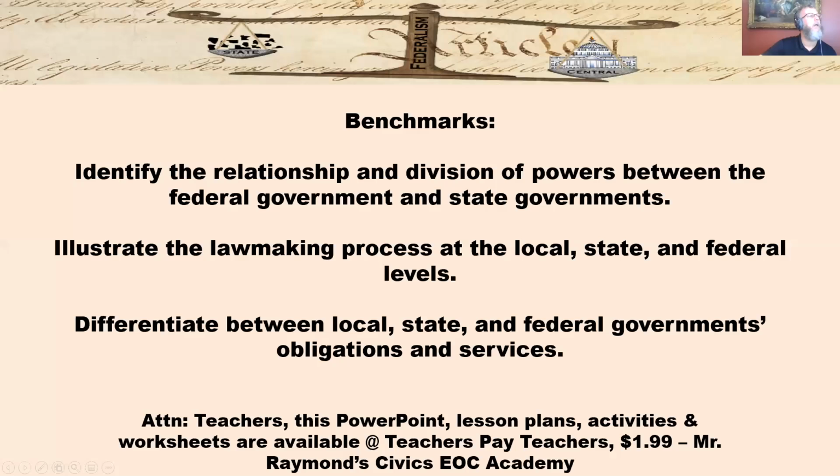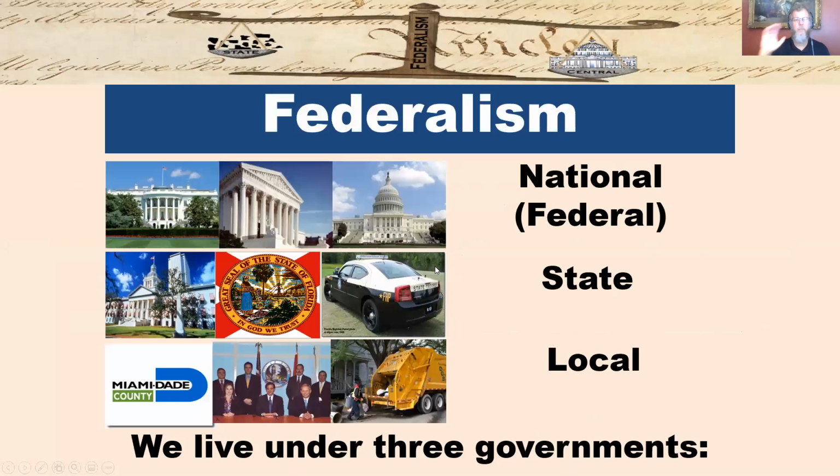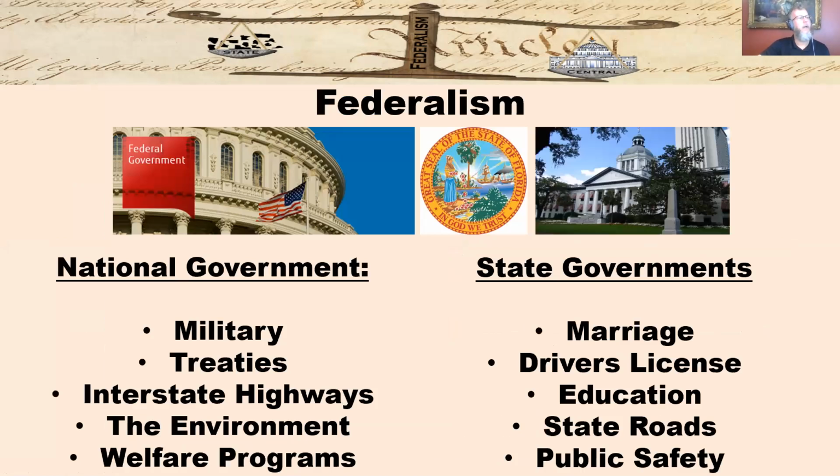All right, so again, Federalism mainly, we have three levels: federal or your national, state is in the middle, and local is where we live within our towns. On the left side of this slide, we have the main powers of the national government.